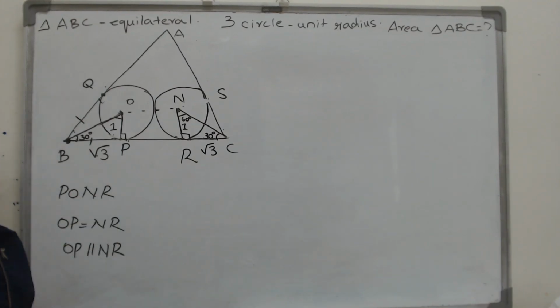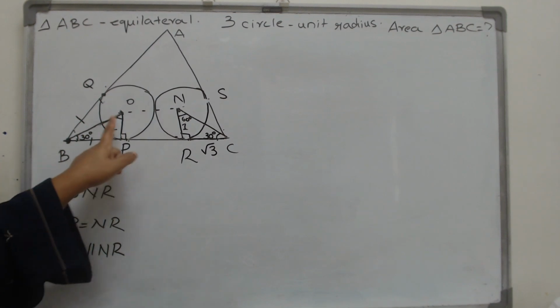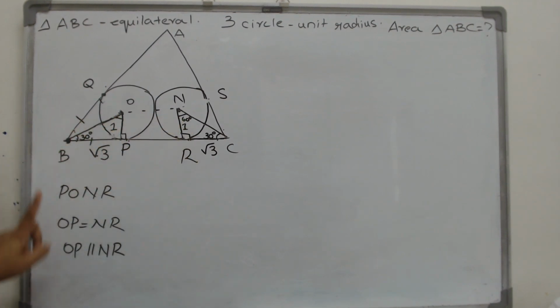Now what do we call a quadrilateral whose one pair of sides are equal and parallel? What do we call such a figure? It is called a parallelogram.